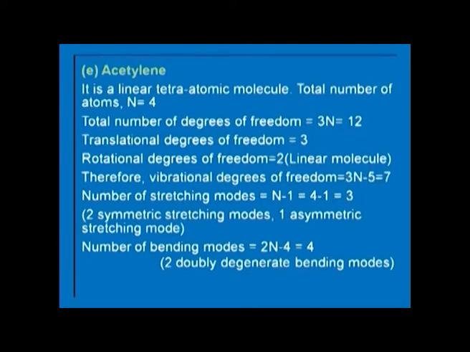Number of stretching modes will be equal to N minus 1, which is 3, corresponding to 2 symmetric stretching modes and 1 asymmetric stretching mode, and the number of bending modes will be equal to 2N minus 4, which comes out to be 4, that is 2 doubly degenerate bending modes.